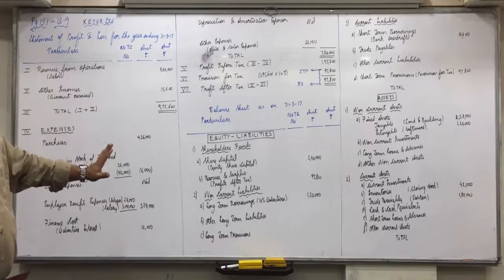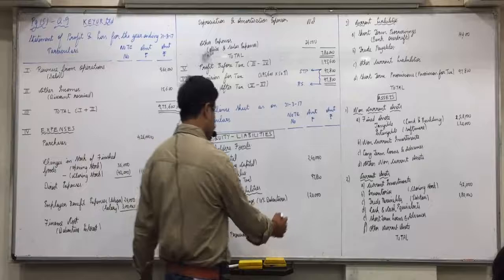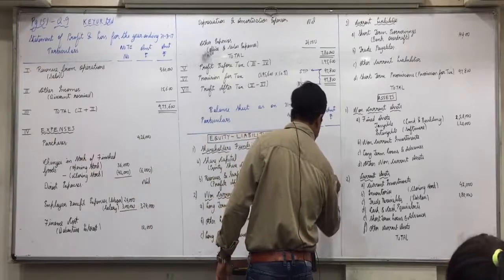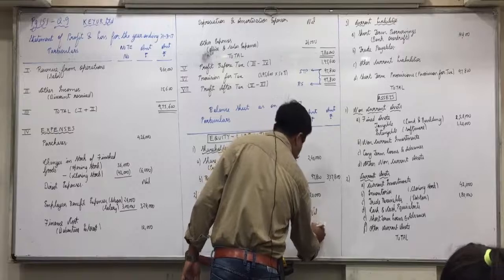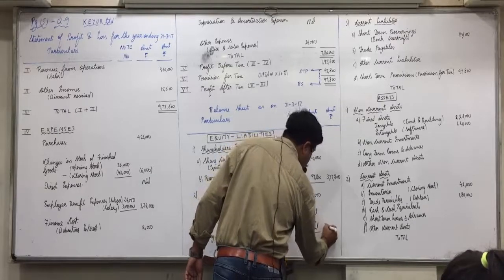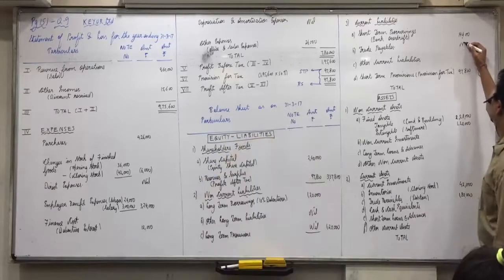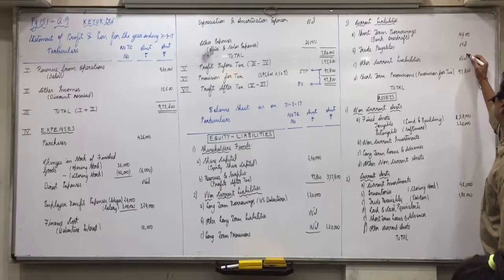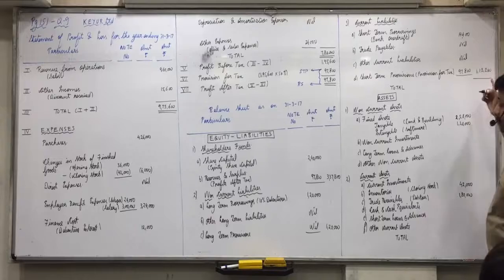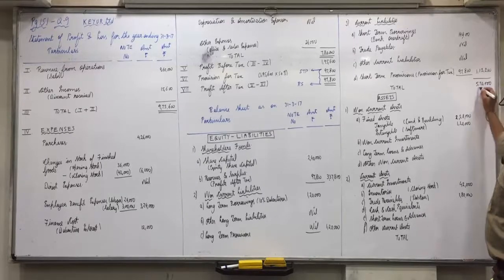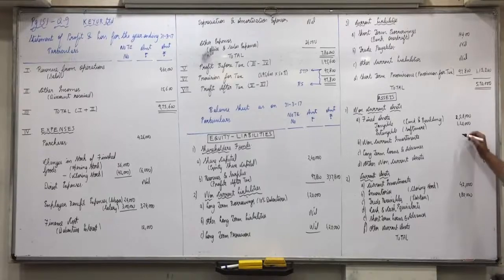Now we have to do the balancing of the balance sheet. So this is 3,37,800. Other long-term liabilities nil. Long-term provisions nil. Total is also 1,20,000. Trade payables nil. Other current liabilities nil. 1,12,200. 5,70,000 total of liabilities.